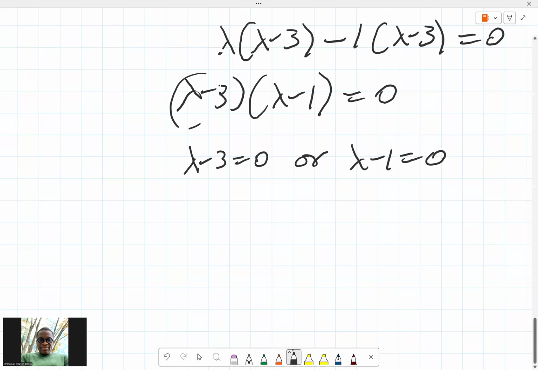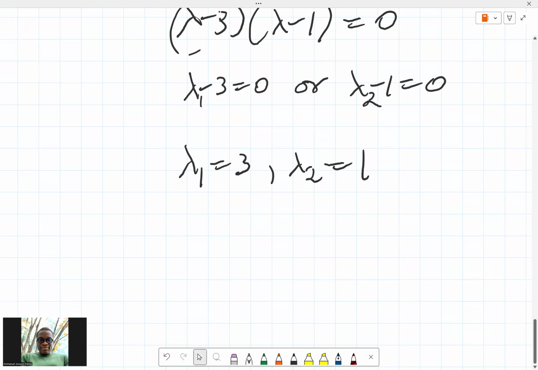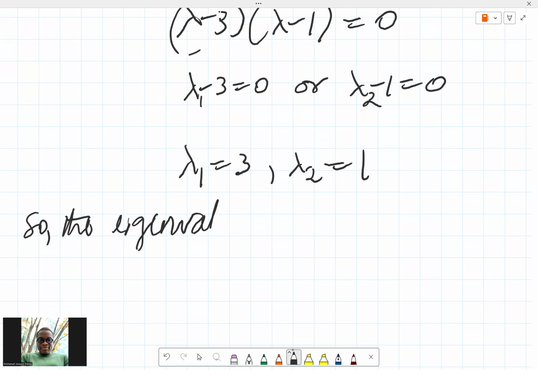If we call this one first lambda and this one second lambda, that means we have lambda 1 equals 3 and lambda 2 equals 1. So the eigenvalues of that matrix are 3 and 1.